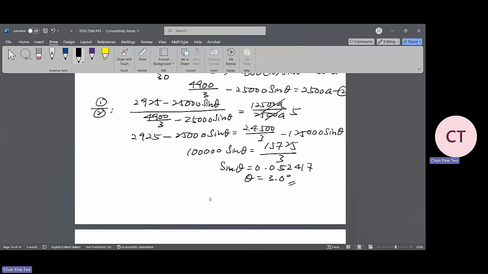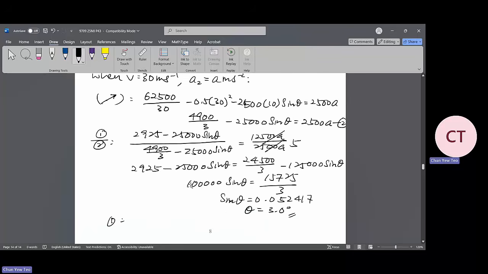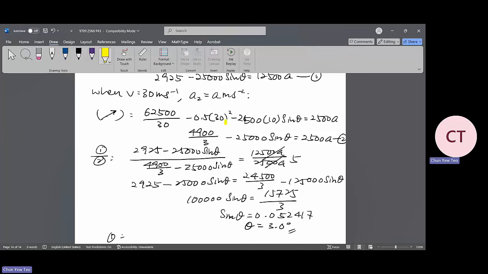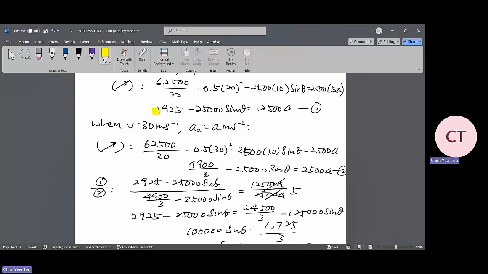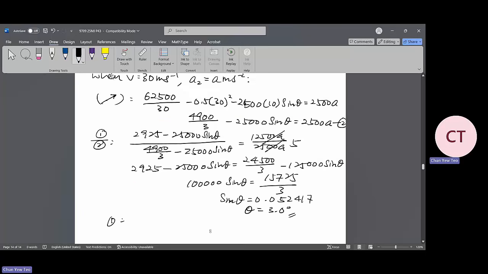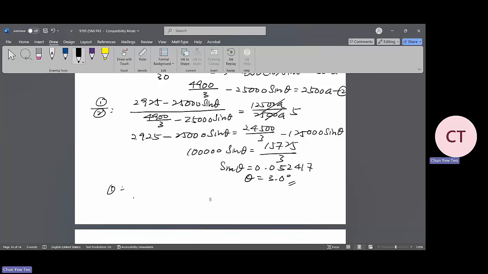Then from the equations 1, since I have found the sine theta, since I found the theta is equal to 3.0 degree, I just need to replace it back into either equation 1 or equation 2. Over here, I choose equation 1. Then I will just get 2925 minus the 25,000 sine theta.